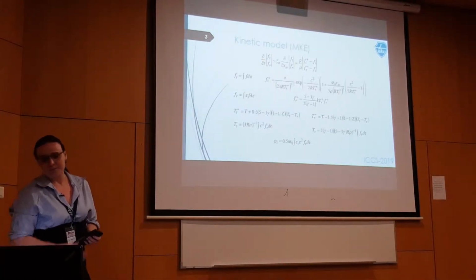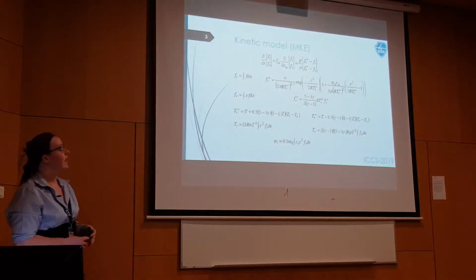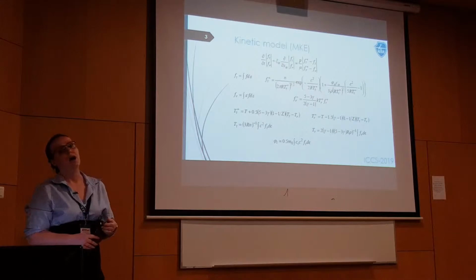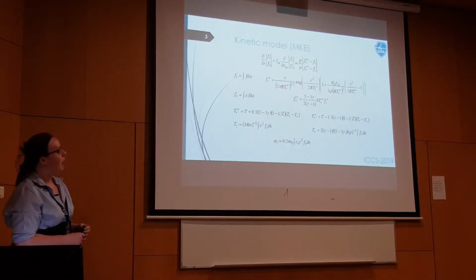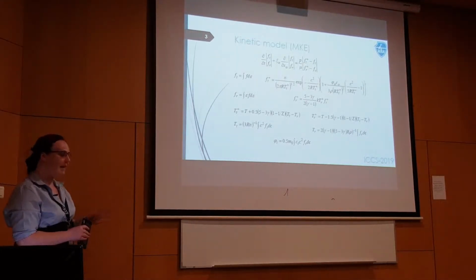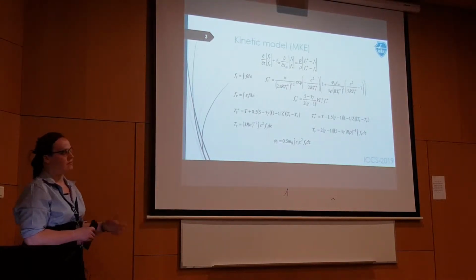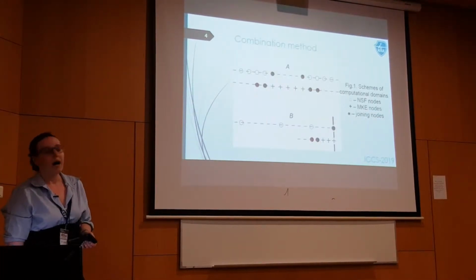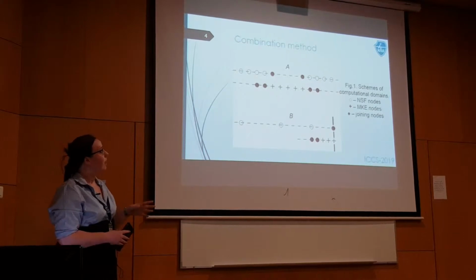And the kinetic model is the model kinetic equation for polyatomic gases. The most important thing is that we can also use this one for monatomic gases after some obvious transformations. So in this case, we used a combination method.